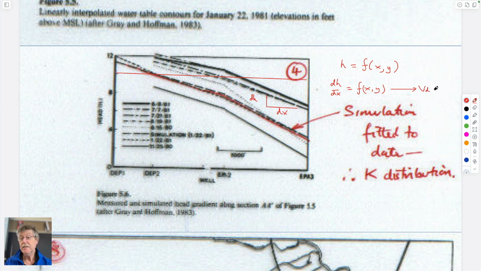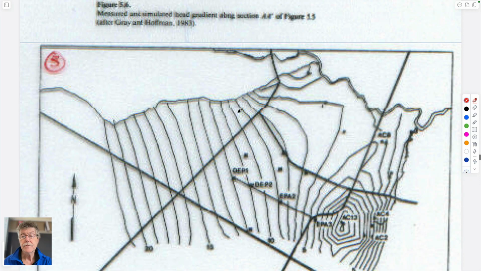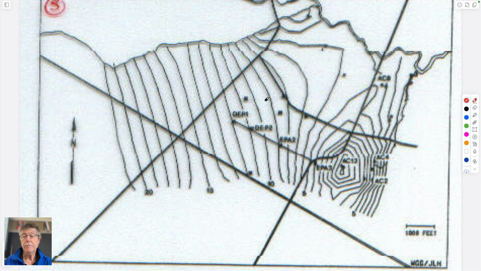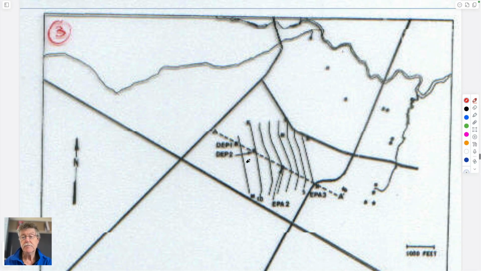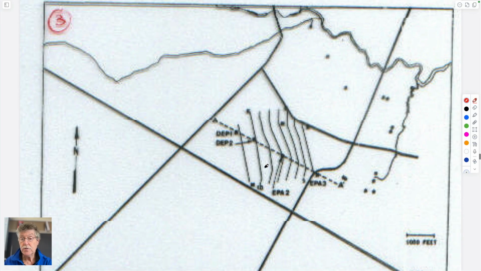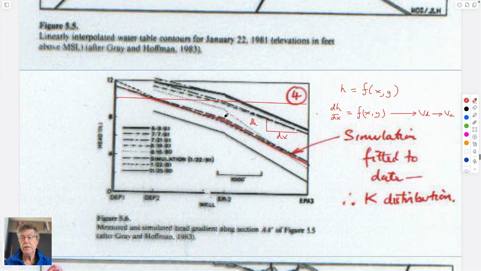I always want to say VD. And if you have Darcy velocity, you can calculate advective velocity. And then if you have advective velocity, you have enough to be able to put together the equations that describe transport behavior. And so then you can set it up, and now with the results that are computed from using this grid, I guess this would be matching the contours of groundwater flow in this particular case. This would be the section through them. This would be what would give you this plot that we just had here.